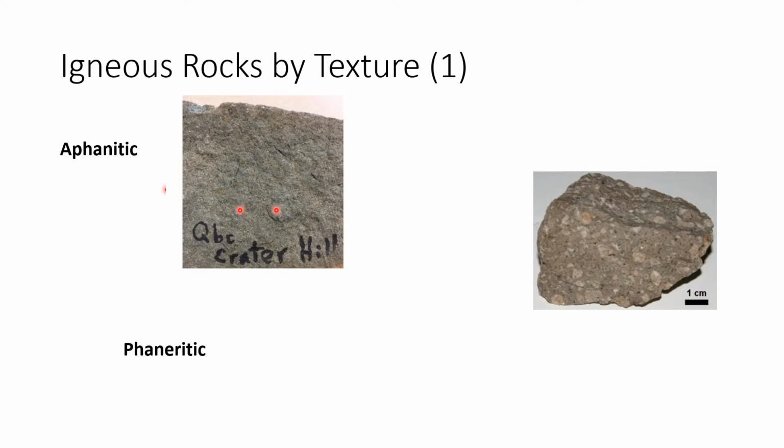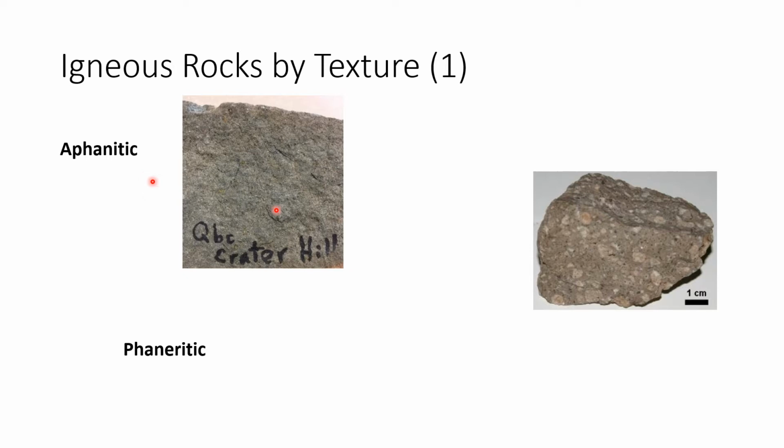And if I can do so even with the aid of a handheld microscope, then it would not qualify as aphanitic. But in the case of this sample on the screen right here, even with that microscope, I can't see the individual grains. I can't distinguish them or do anything with them. It's just a mass of, you can see that it's grainy, but I can't make out the individual grains. Well, if I cannot do so without a microscope, then I have to call this an aphanitic texture.